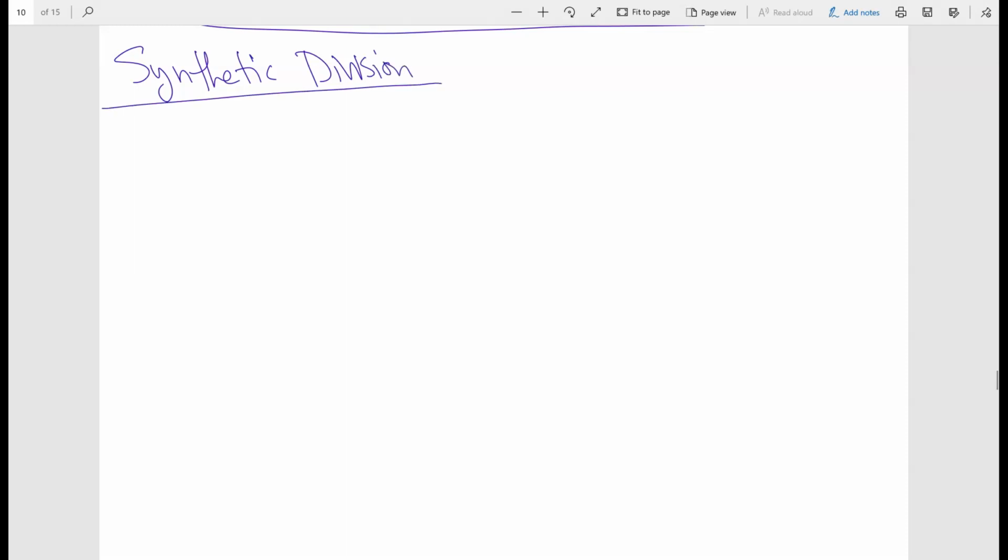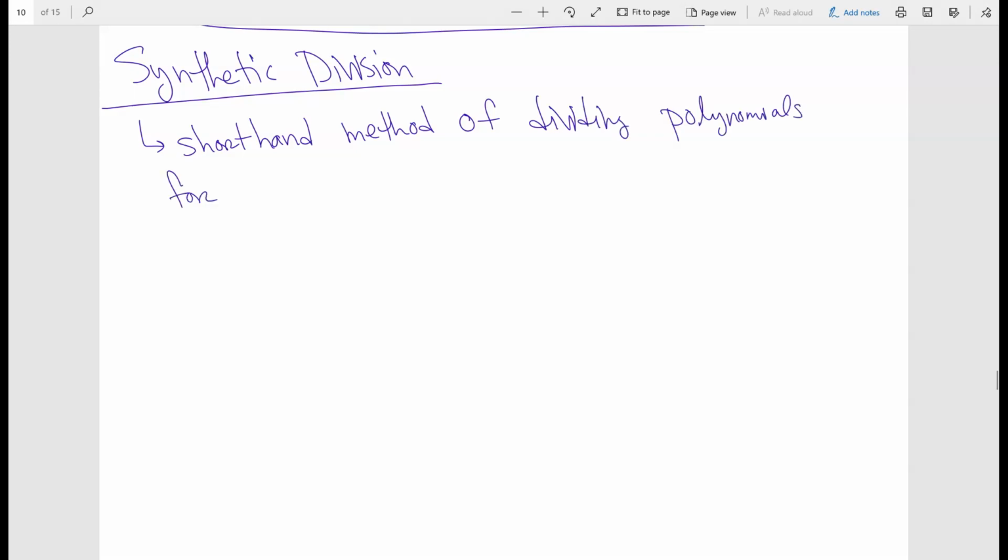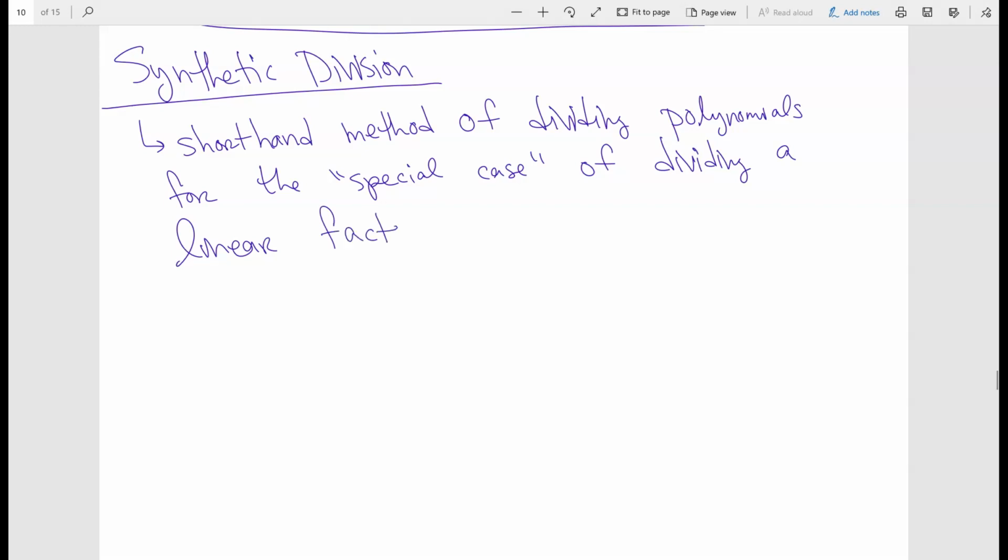Okay? And basically what synthetic division is, is just a shorthand method of dividing polynomials for the special case of dividing a linear factor whose leading coefficient is 1.